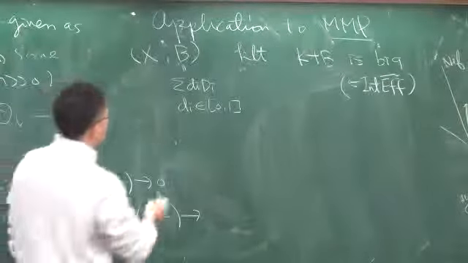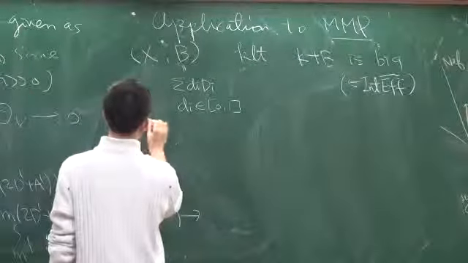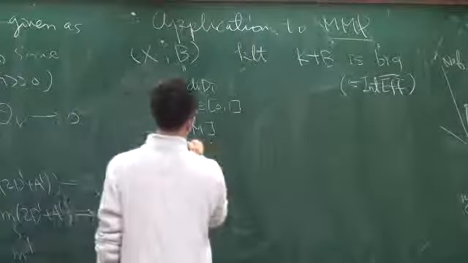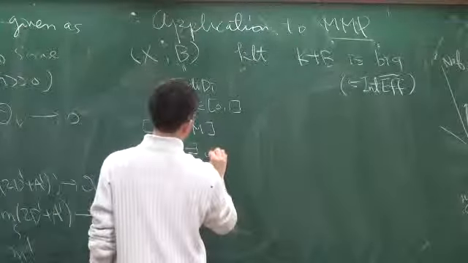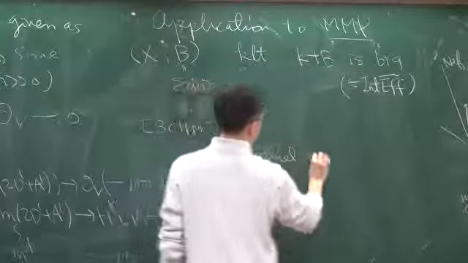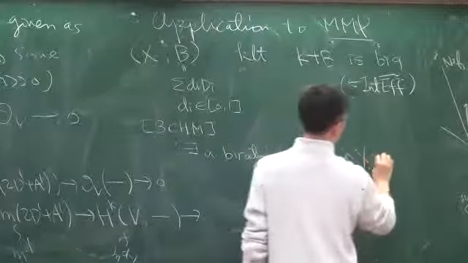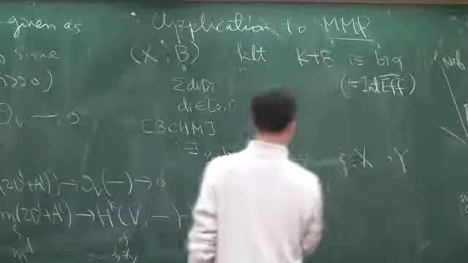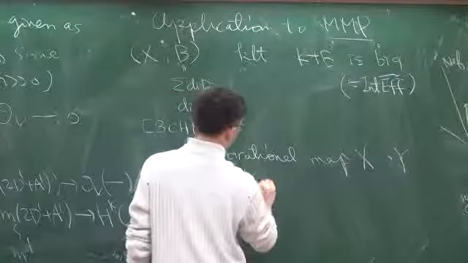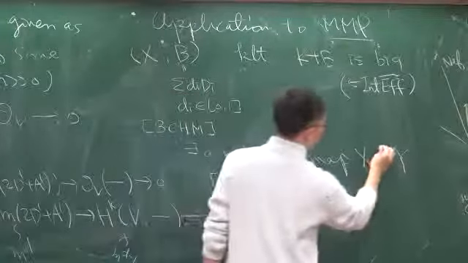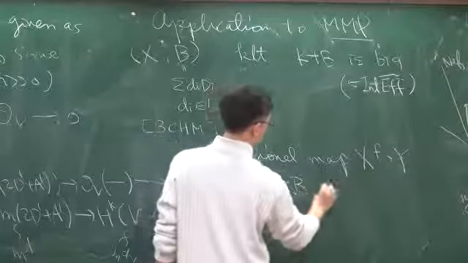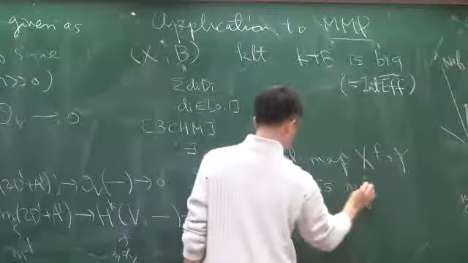Then there is a famous result by BCHM. There exists a birational map f from X to Y such that K_Y + f_*B, let's denote this by B_Y, is nef.